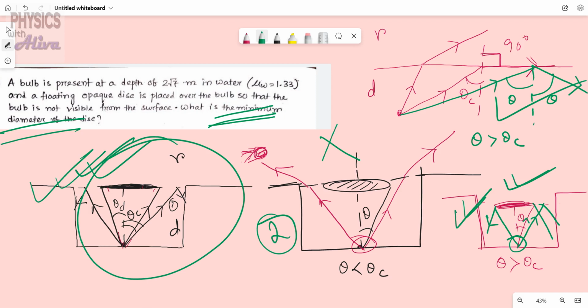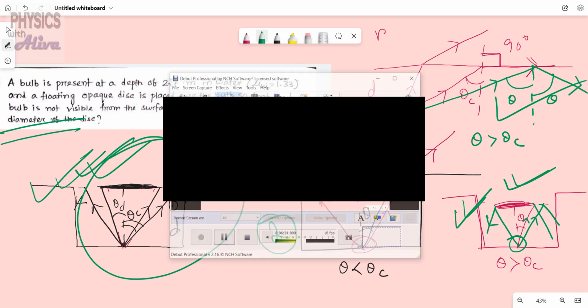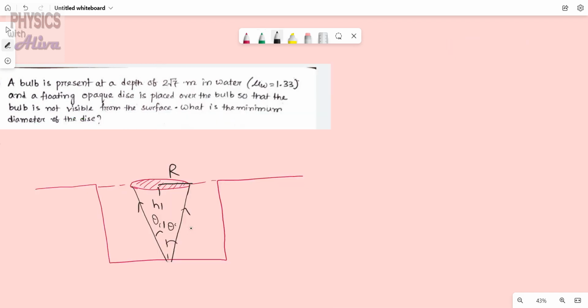Why we are taking this case 1, I have already discussed, right? So now I am discussing the first case, that is, the R minimum we have to calculate. From here we can write that sine theta c is equal to the perpendicular, that is R, divided by the hypotenuse, that is root over R square plus H square.